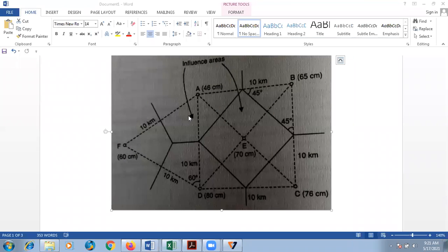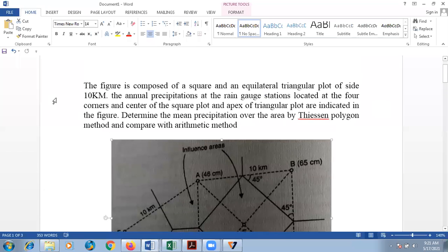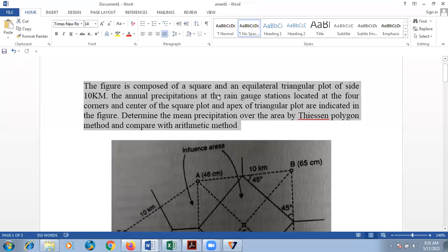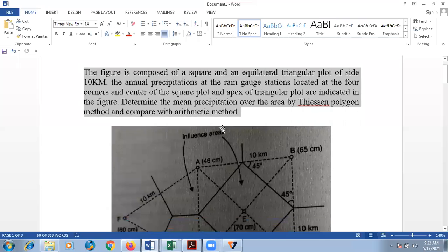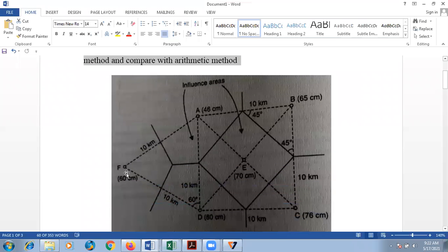Here, in the statement of the problem we discussed last class, the figure is composed of a square of 10 kilometer side and an equilateral triangular plot of 10 kilometer side. The annual precipitation at rain gauge stations located at the four corners of the square, as well as at the apex of the equilateral triangle, are mentioned.